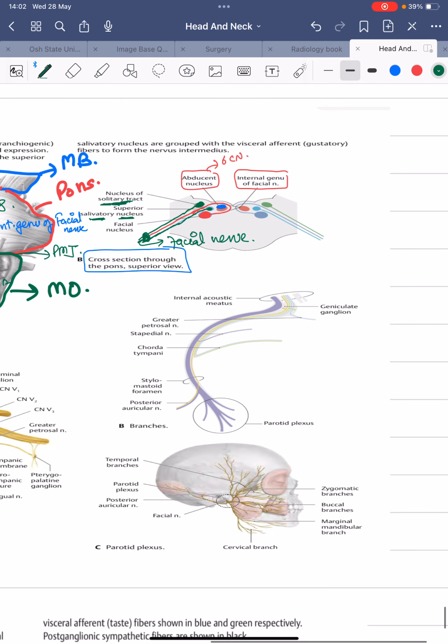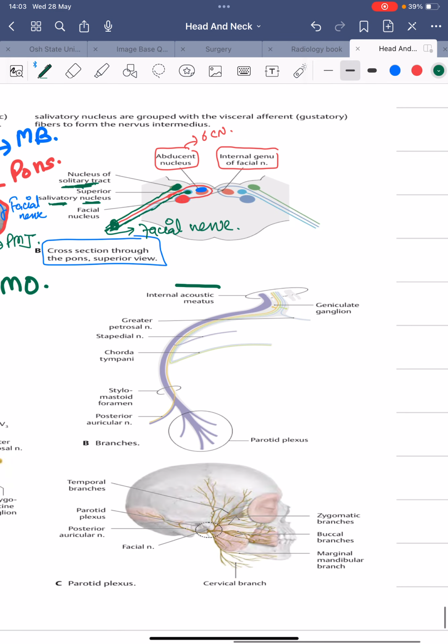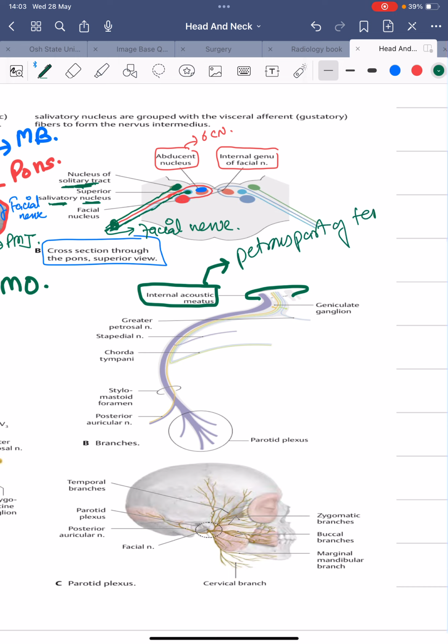See here. This is the internal acoustic meatus, which is present in the petrous part of the temporal bone. It is entering from the internal acoustic meatus along with which nerve?